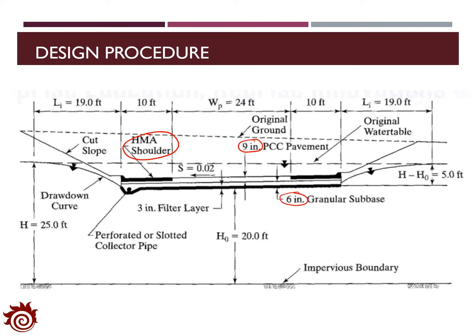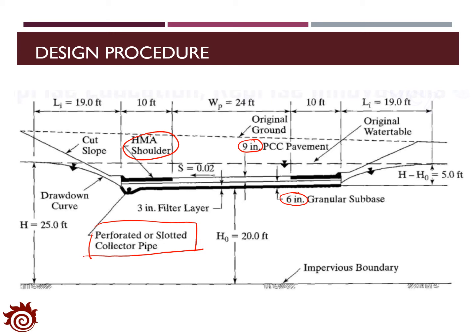The thickness of the drainage layer is around 6 inches, and this drainage layer is directly connected to a perforated or slotted collector pipe, so that we can lower the water table and remove the inflow. And this is one typical example about the drainage system applied for a pavement structure.